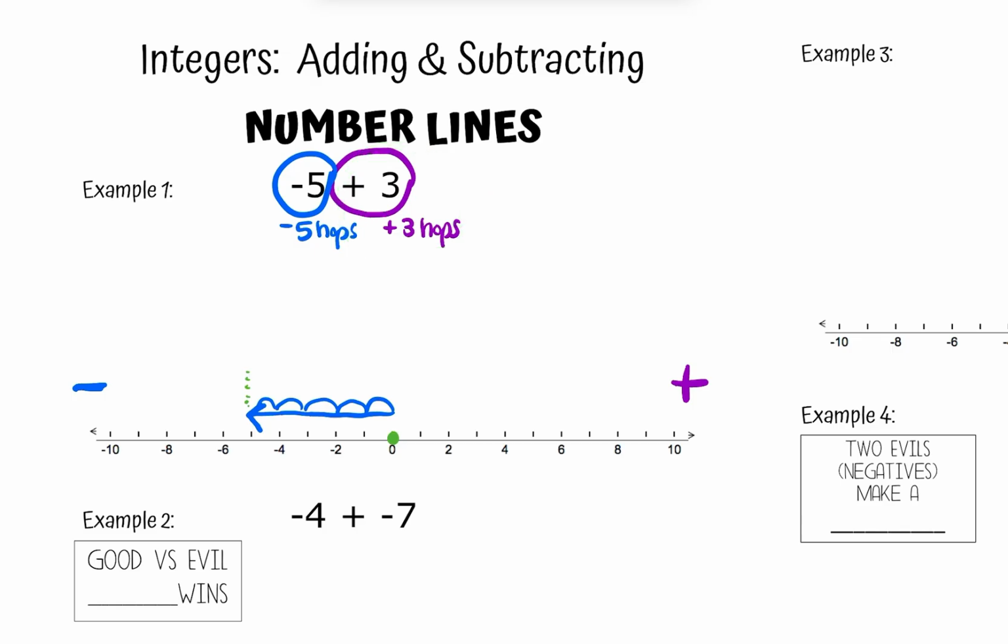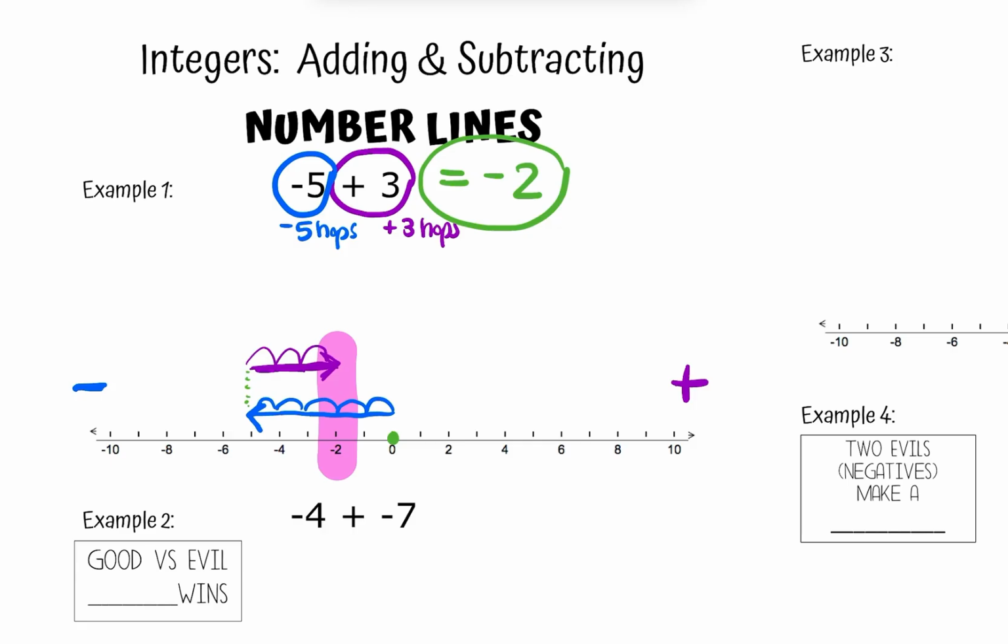And so I'm going to hop 3 back. So I have 1, 2, and 3 for my line. My line got a little crooked there. Again, my arrow should be pointing towards the positive, and that should represent 3 hops. So 1, 2, and 3. Perfect. And then I'm just going to trace down and see, where did I stop? So you can see I trace down, and the solution to this problem should equal -2. Okay, and that is the solution to example number 1.